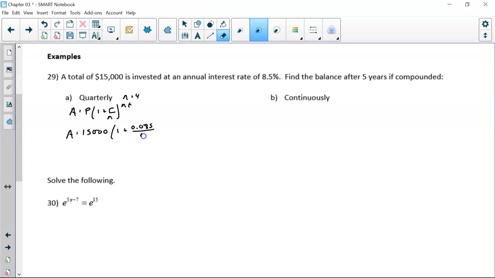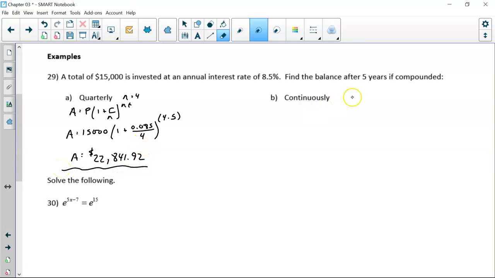Quarterly, there's 4 quarters in a year, so divided by 4, all raised to the 4 times the number of years, which is 5. So make sure you type it in exactly as I have it written down, and you'll get a value of about $22,841 and about 92 cents after 5 years.